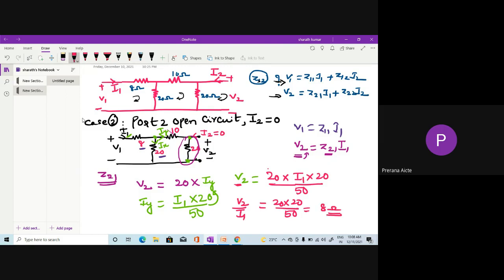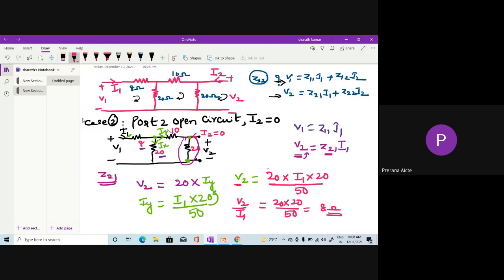So see how simply you are getting the answer without applying any nodal analysis. You don't even require a calculator to solve this problem. If you go for mesh analysis, you will get two equations and you have to solve them using your calculator, so it takes more time.